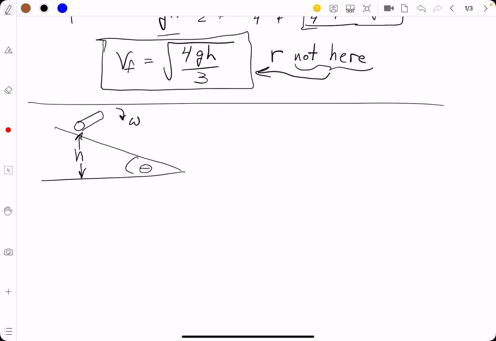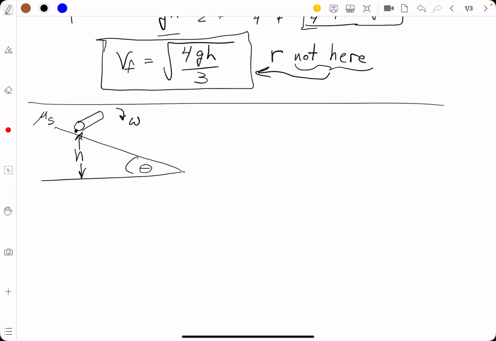What's our friction doing? Our friction is static friction. So it's not sliding, it's rolling. Okay, so mu static is holding this. Every single time it's touching, it's holding it in place and spinning this thing around. That's where the extra energy goes in to that.